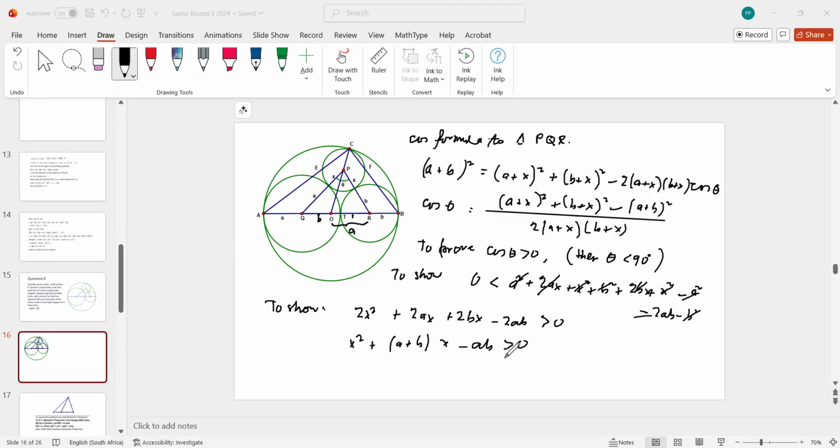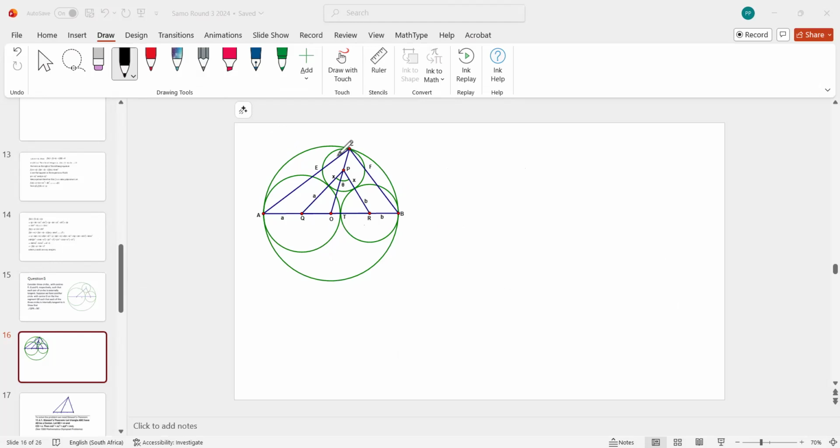All right. So now that's the next thing that we have to do. I'm going to delete all this. So I want to show that x squared plus a plus b x minus ab is greater than 0. That's the goal.